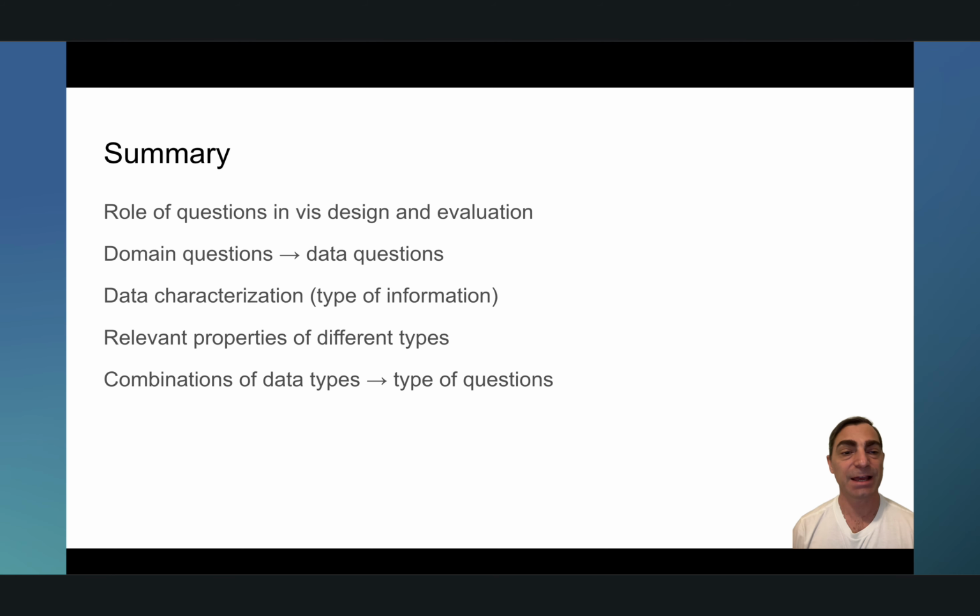And finally, I covered the idea that different combinations of data types can be used to answer different types of questions, and also the idea that there is a basic set of questions that we can ask to a data set and we can answer with data and data visualization.